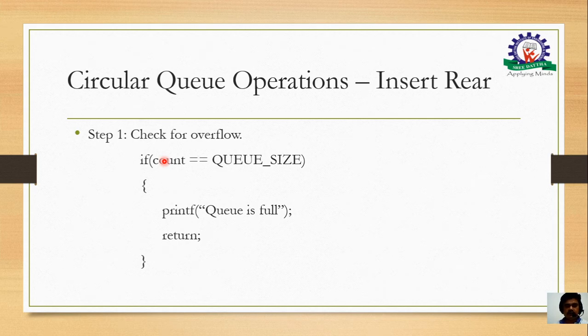For this I will use the variable count, which keeps track of the number of items available according to the size of the queue. So first I will check the overflow condition. If count is equal to queue size, then the queue is already full, so I will print the statement queue is full, or you can write it as queue overflow.